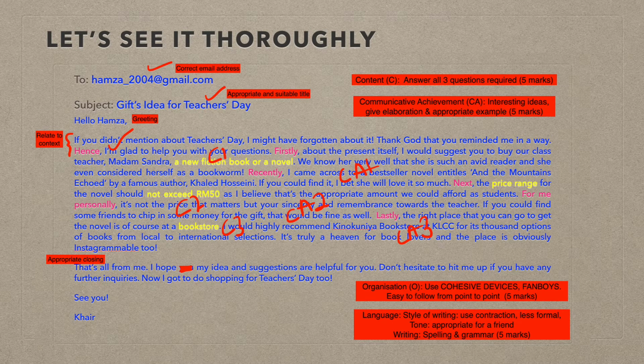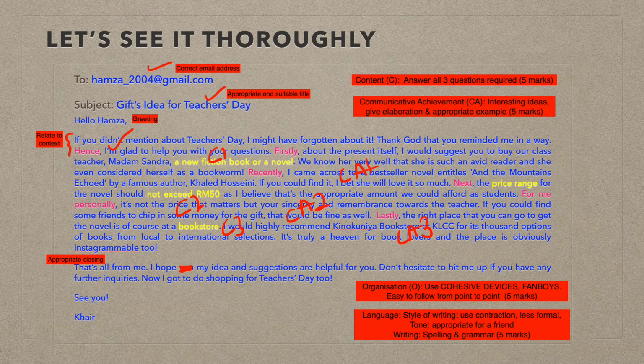In CA, in order for you to get full marks or high marks, it has to be interesting. So provide interesting ideas. You have to give elaboration, and if possible, you give also appropriate examples.